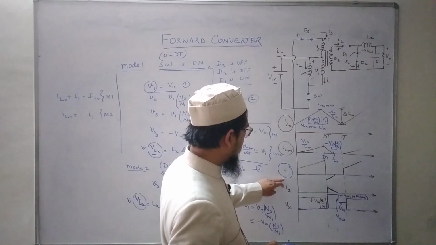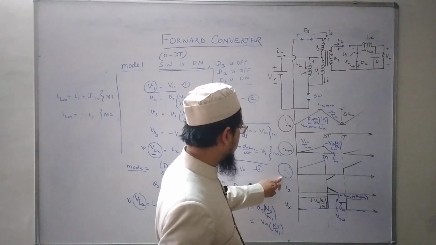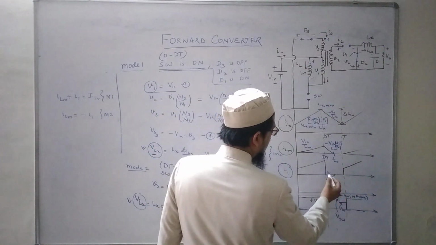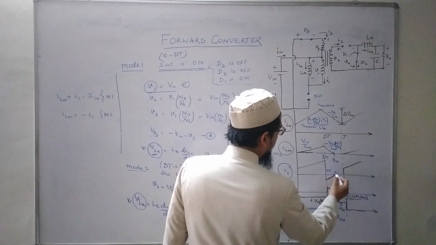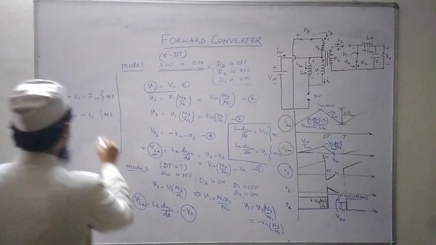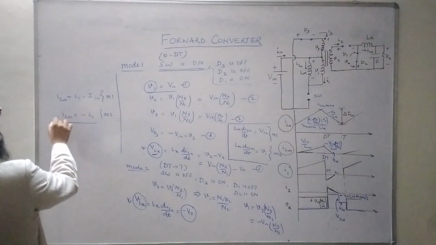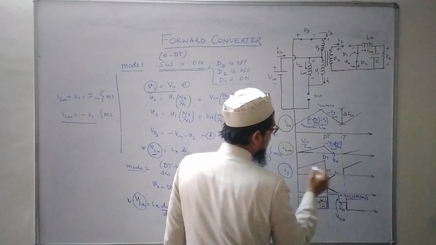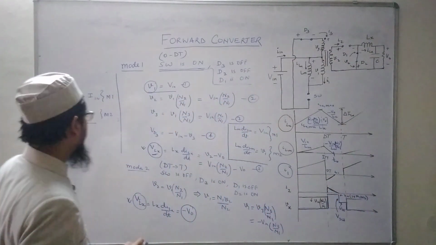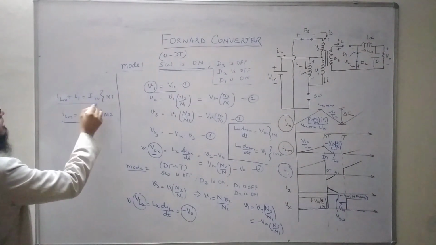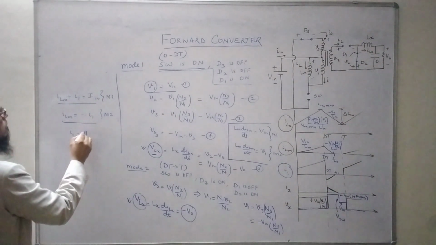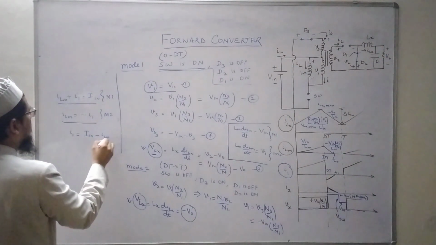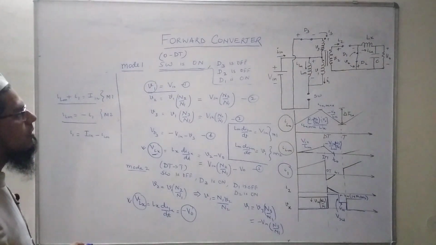So let me come to I1 first. In the interval from dt to t naught, you could see from here that I1 is minus of ILM. So ILM is this, so minus of that would give you this. And from here I1 is equal to I in minus ILM.